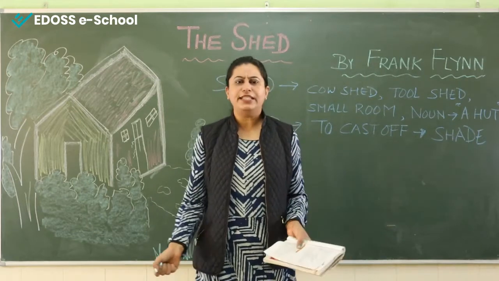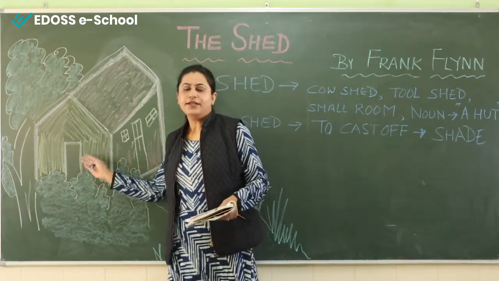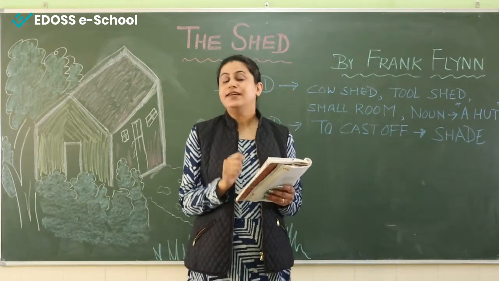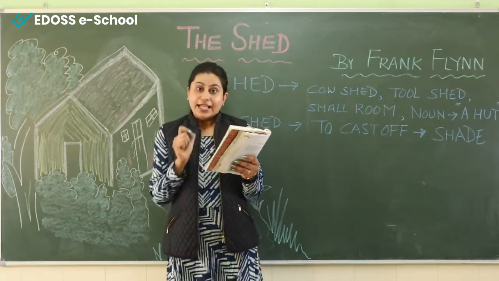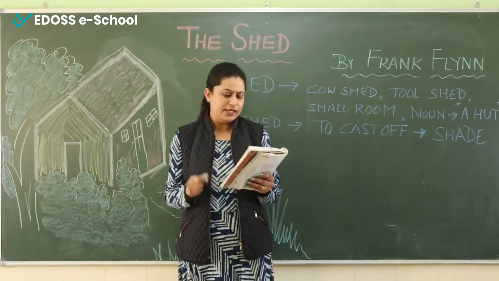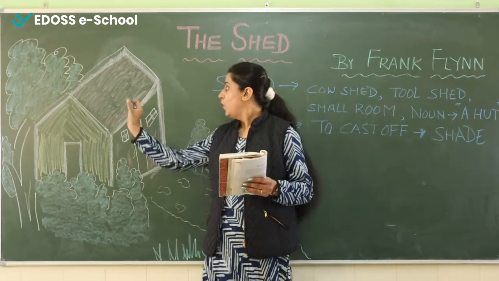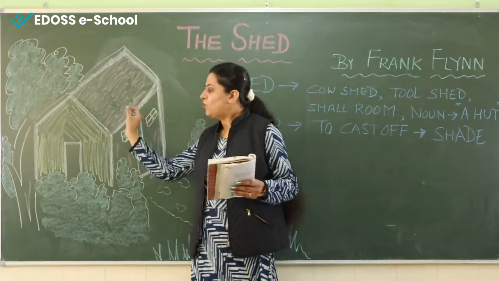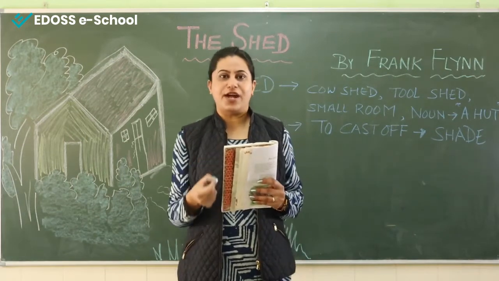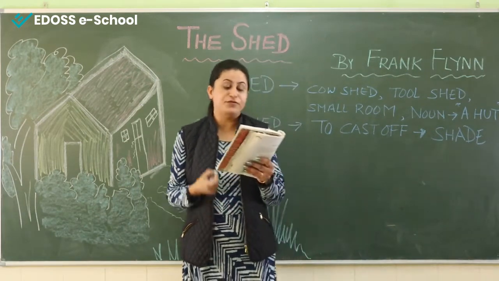So he is not willing that somebody should enter this shed. And he believes that his brother is lying. And that is why now he says that I think that there is no one who is staring at me. No noise is coming. So gradually he is trying to overcome his fear.